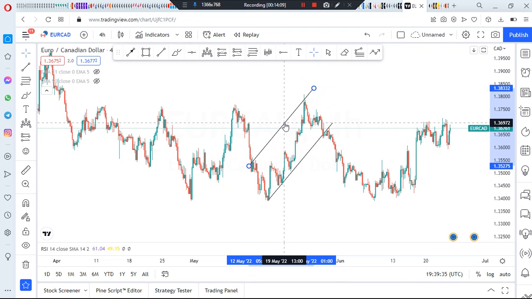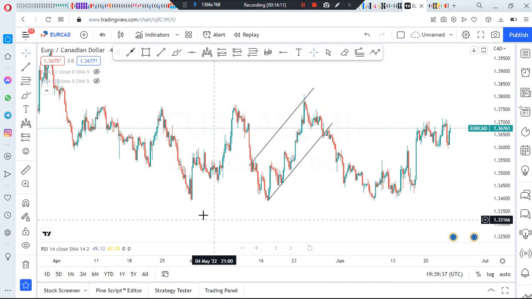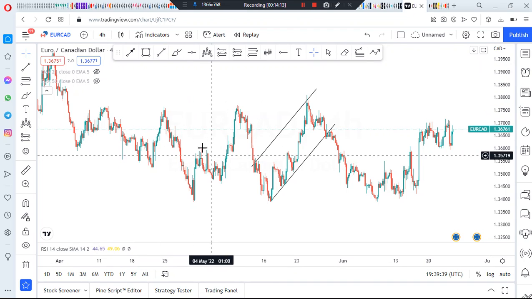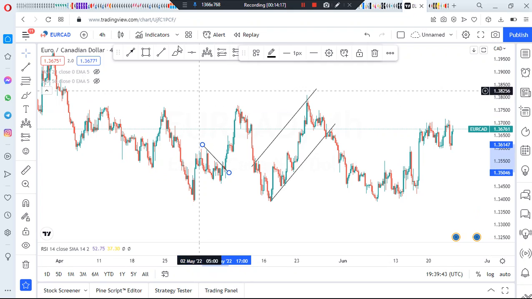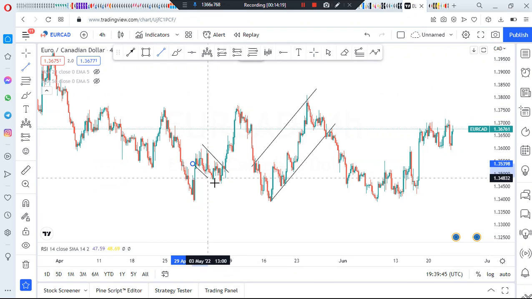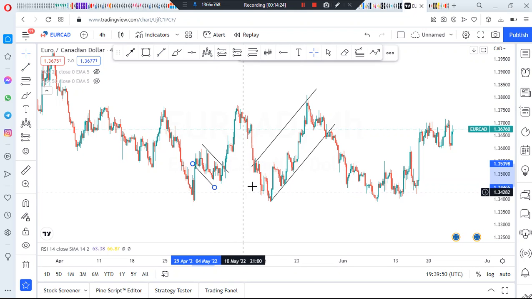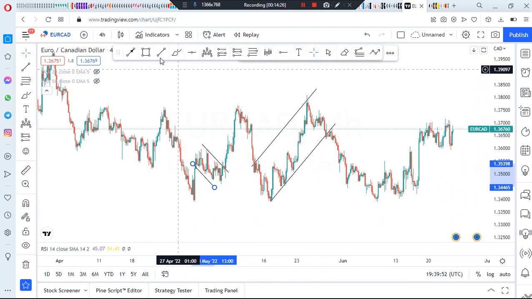Let me just put it above here. This is what happened here. Then around this area, if we look closely, we have a correction, then an impulse.